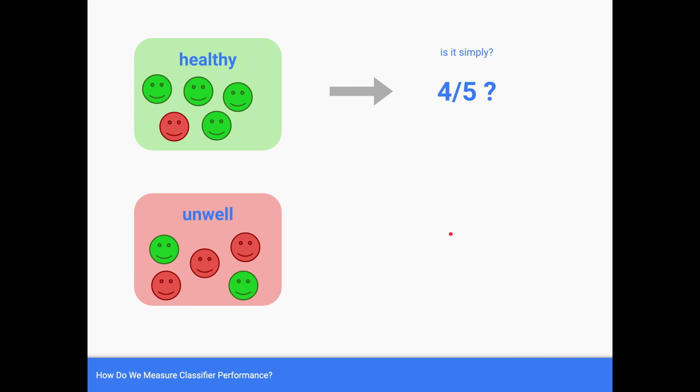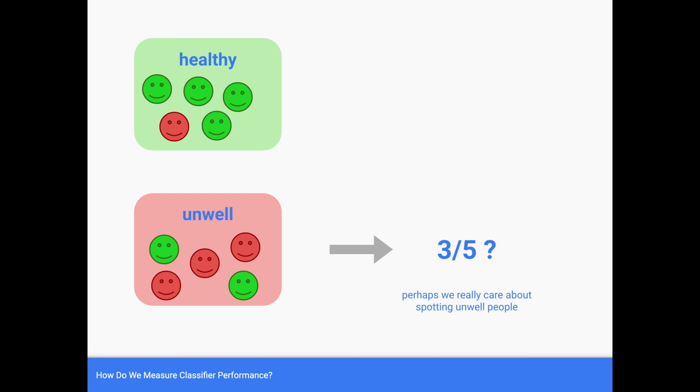Now, how do we explain or indicate or write down a measure of this classifier's performance? Is it simply this proportion here, 4 out of 5? Seems reasonable because it's got 4 out of 5 right. It seems to be a good number. Does that paint the full picture?